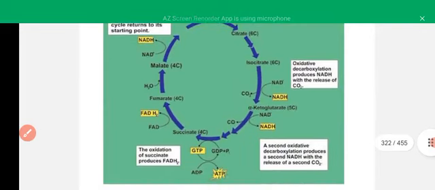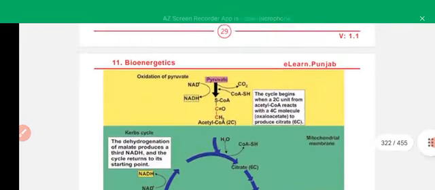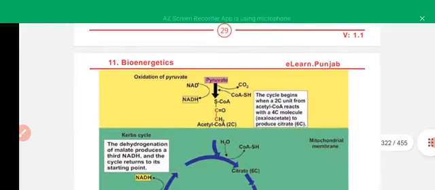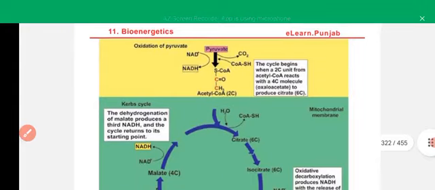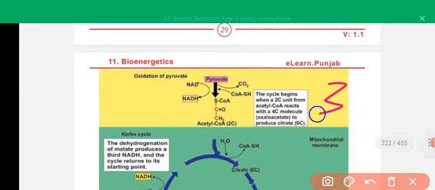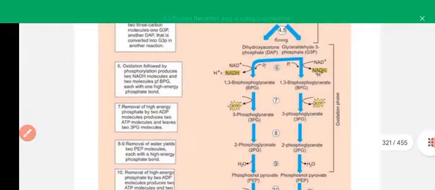Some ATPs are produced here, some ATPs are produced by these NADH. These are the 32 ATPs produced by the NADH of the Krebs cycle, the ATPs of the Krebs cycle of both pyruvates, the oxidation of both pyruvates, and directly from glycolysis.